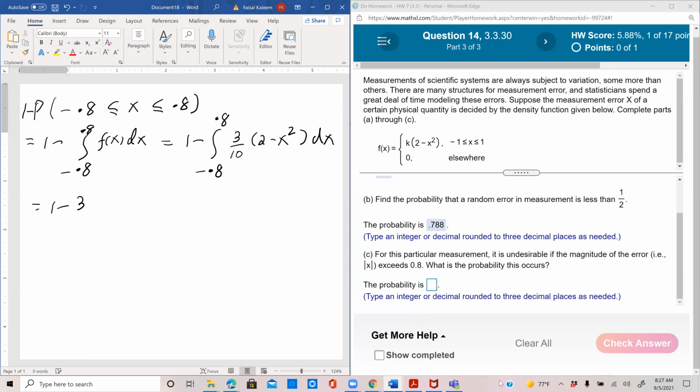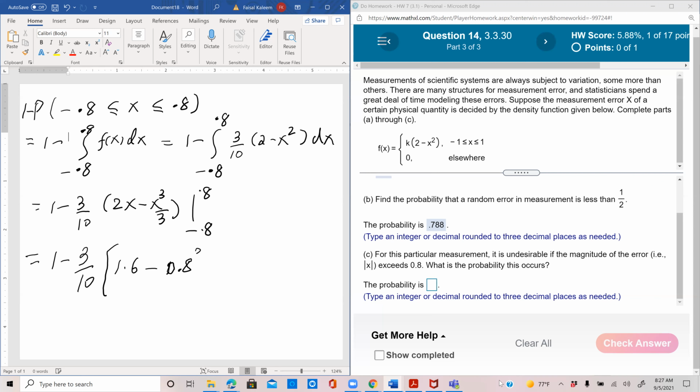Pull the 3/10 out. The integral is 2x minus x cubed by 3, from negative 0.8 to 0.8. So this is 1 minus 3/10 times: 2 times 0.8 is 1.6, minus 0.8 cubed by 3.